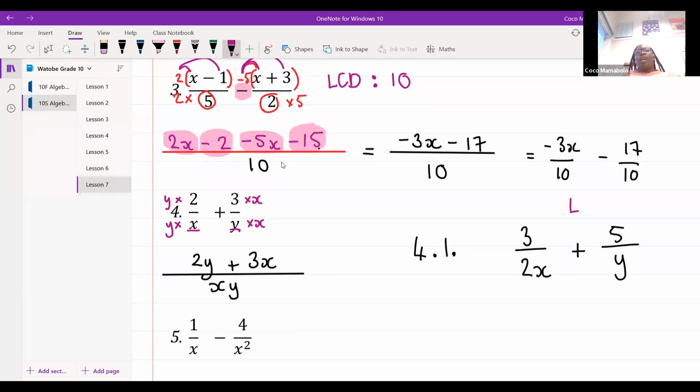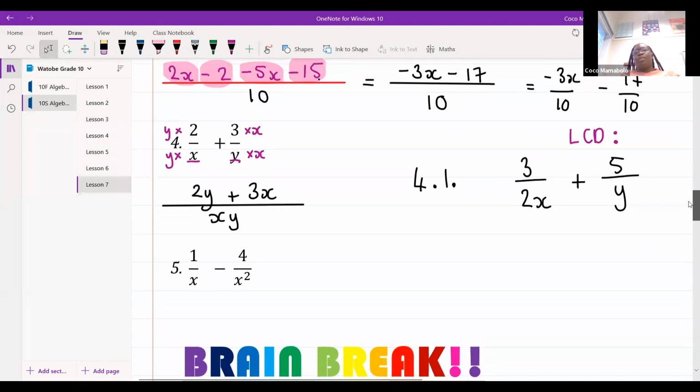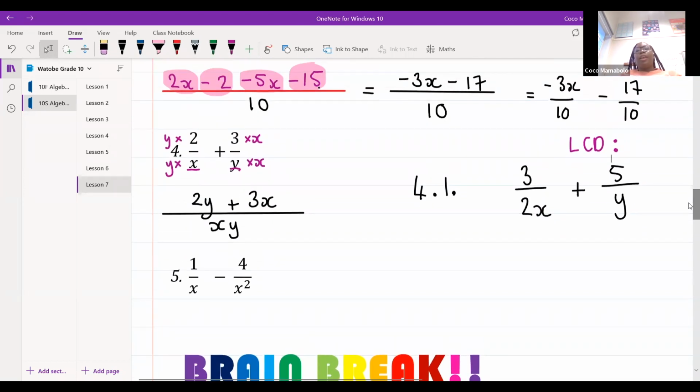Have a look. If you feel like you want to move on, guys, please try number 5 before we do our brain break. That's it. I see you guys. My LCD is 2xy. Excellent. All I had to do was take 2x and y, multiply them together. So I know that my LCD is going to be 2xy.